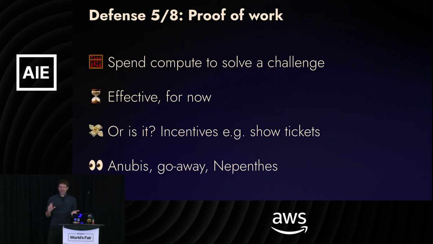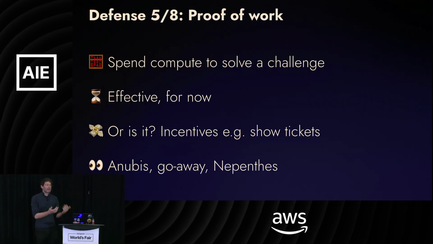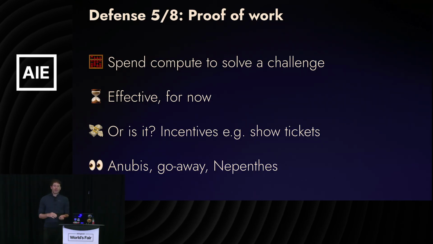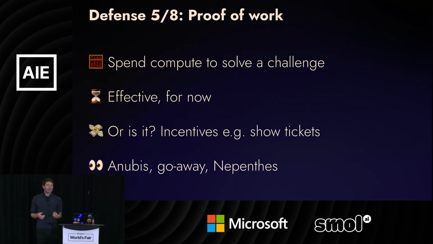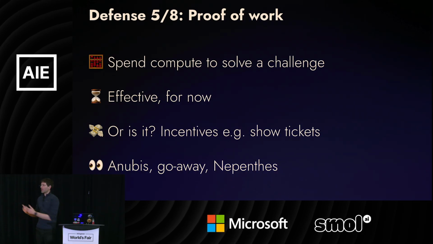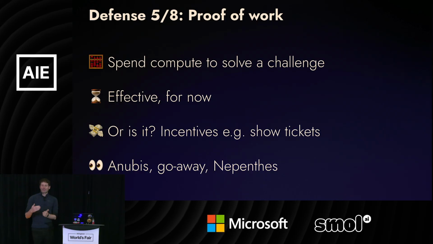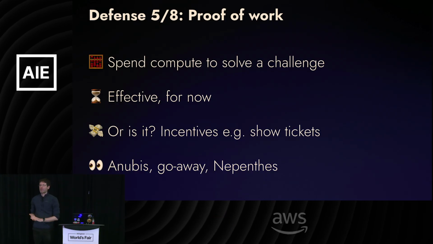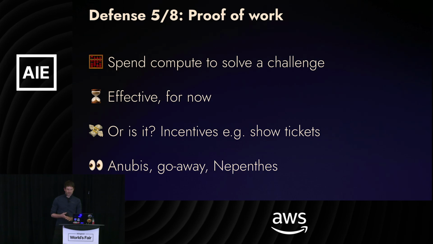But then it becomes a question of incentives. So if you're crawling millions of websites, then maybe that is a good defense. But if we go back to that ticket example, if it costs someone a couple of dollars to solve a CAPTCHA or to solve a proof of work, but they're then going to sell a ticket for $200 or $300, the profit is still there. And so these may not even be a defense against certain types of attacks.